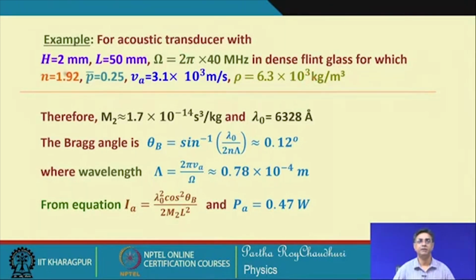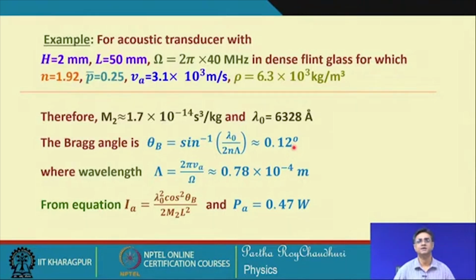With these parameters we can calculate. For a typical figure of merit of, let us say, 1.7 into 10 to the power of minus 14, which is again a practical number, and for helium neon laser light at a wavelength of 6328 angstrom, the Bragg angle comes out to be approximately 0.12 degree, which is very small.